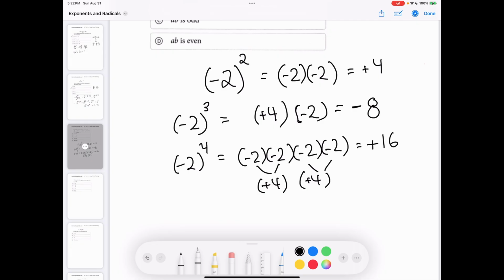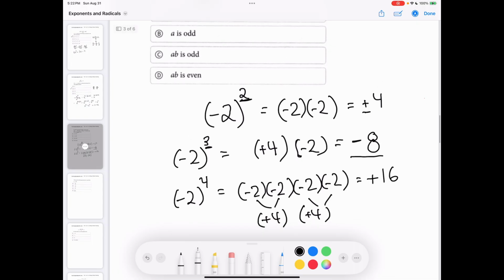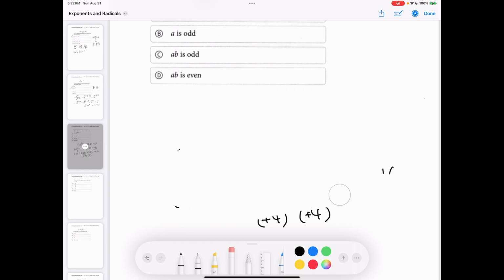And the pattern is, if you have a negative base to an even exponent, your end result will be positive. If you have a negative base to an odd exponent, like this here, your end result will be negative, okay?